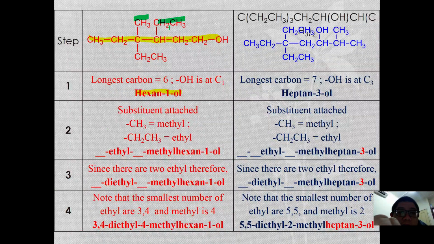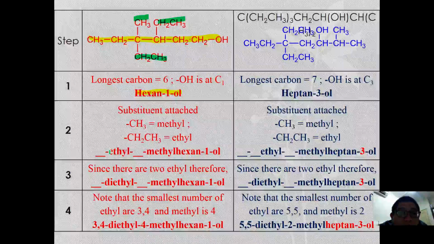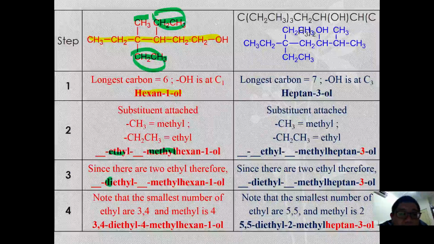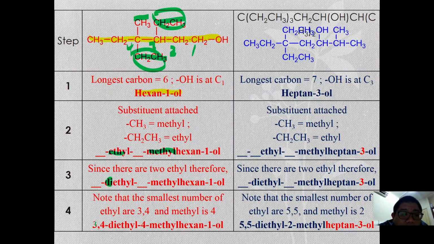So ethyl first, then methyl. Something ethyl, something methyl. Now since you have two ethyl, we put the prefix di in here, so diethyl. And finally, based on the numbering, this is carbon 1, this is carbon 2, 3, 4. Therefore we have 3,4-diethyl-4-methylhexan-1-ol.